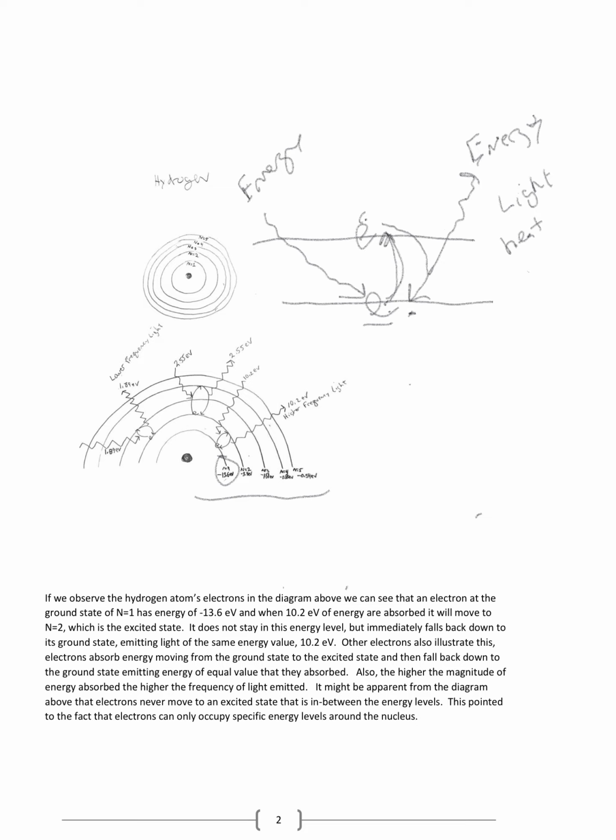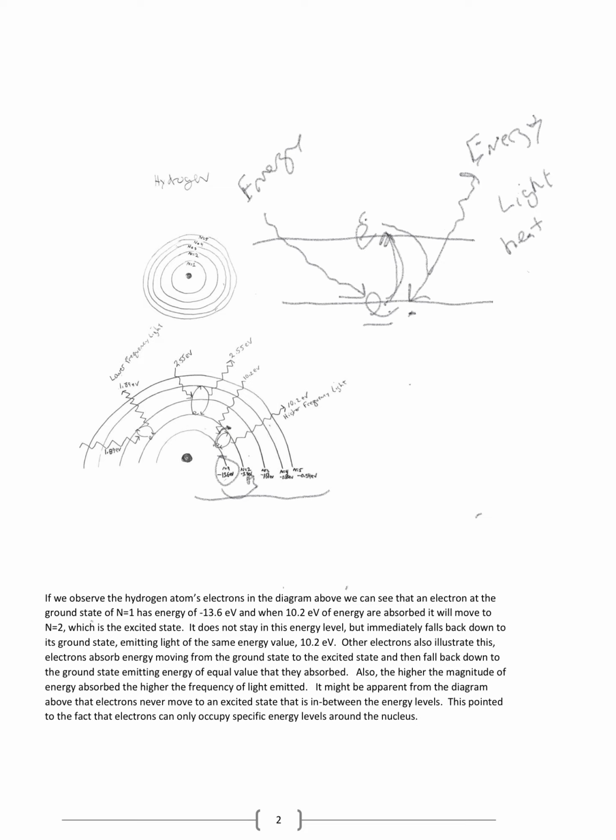And that when 10.2 electron volts of energy is absorbed, it will move to n=2. In other words, it goes from the first energy state to the second energy state, which is the excited state.